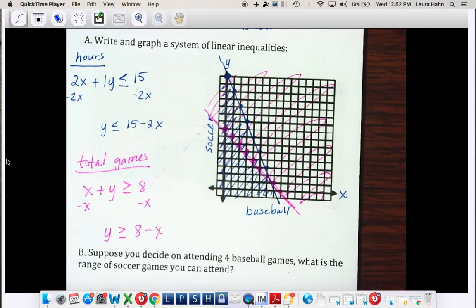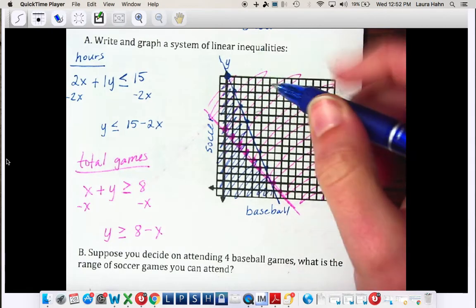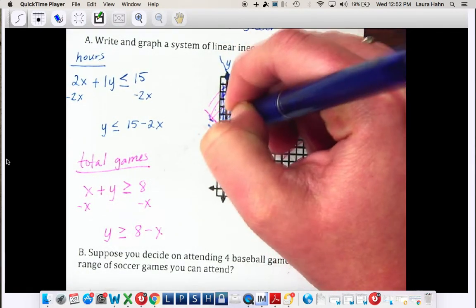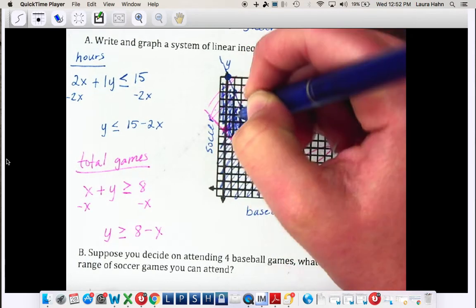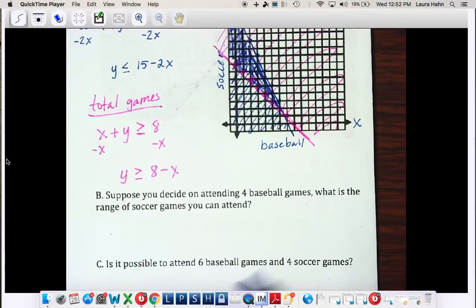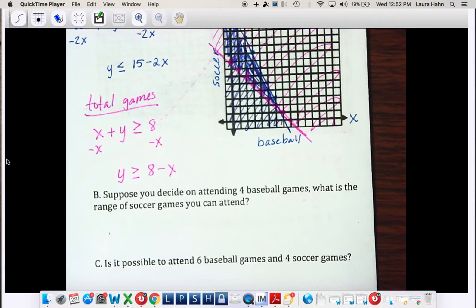So where the two overlap are my possible solutions, which is this little middle section right here. So I'm going to go back and darken it so it's very clear. All right, so then I want you to try to answer B and C on your own, and then we'll talk about those in class. Alrighty.